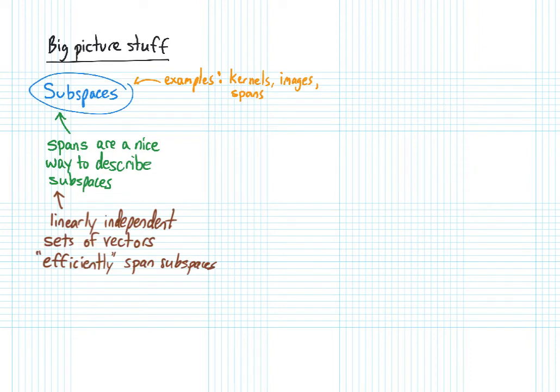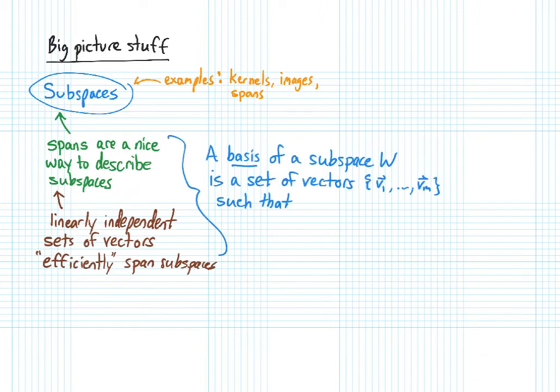A linearly independent set of vectors will efficiently span its subspace. And so really, when we have a subspace and we want to describe that subspace with vectors, what we're looking for is a set of vectors that span the subspace, but that are linearly independent. And so there's a term that combines both of these properties together, and that term is basis.